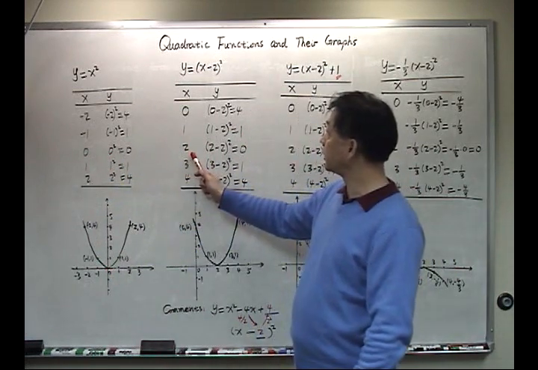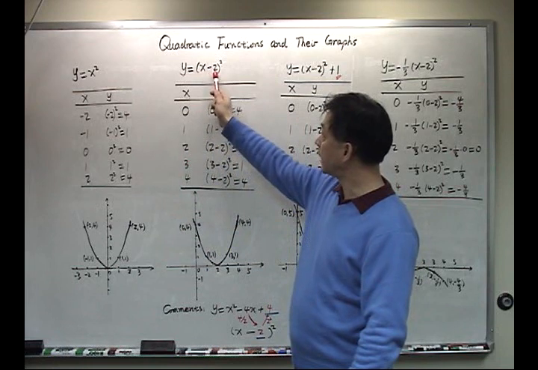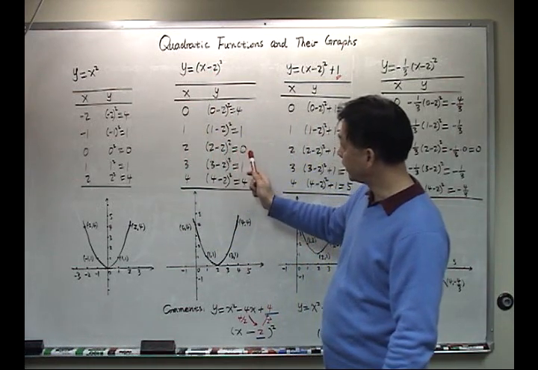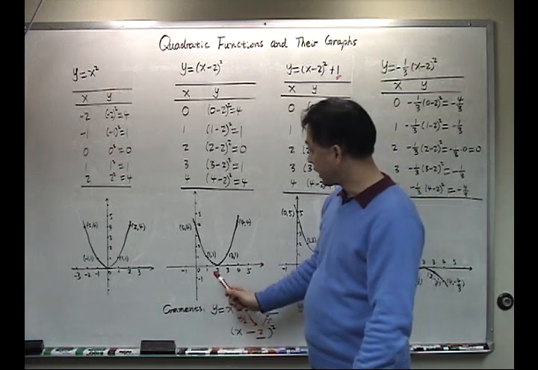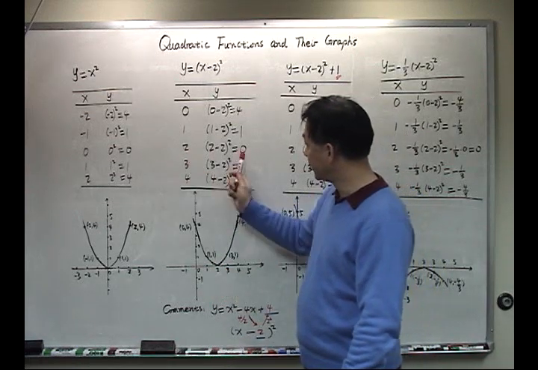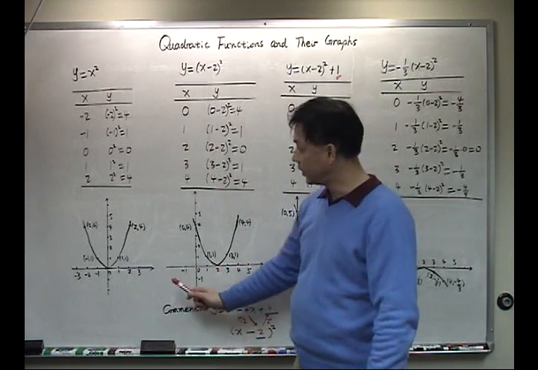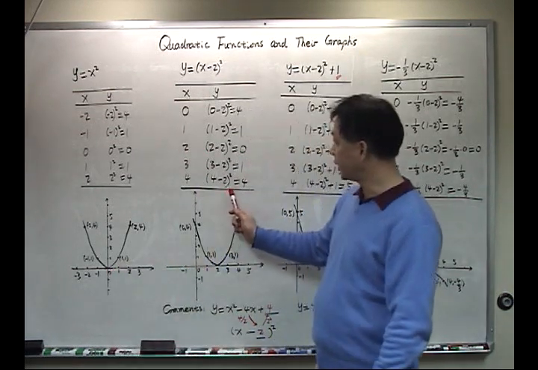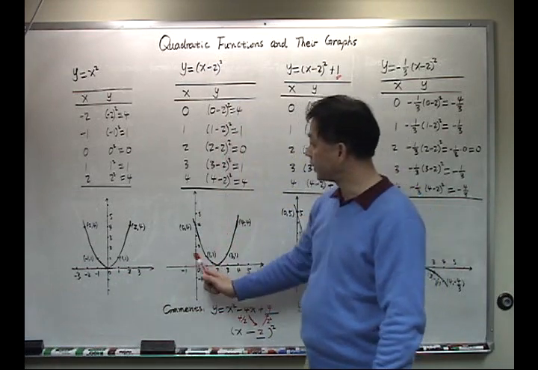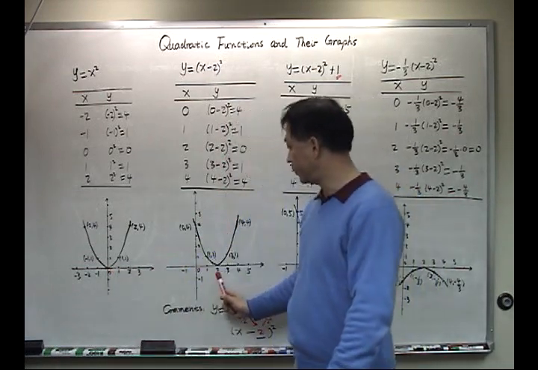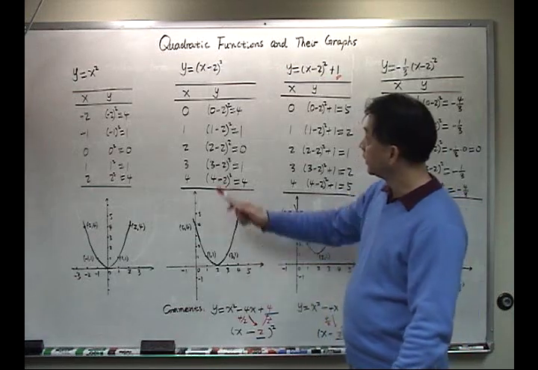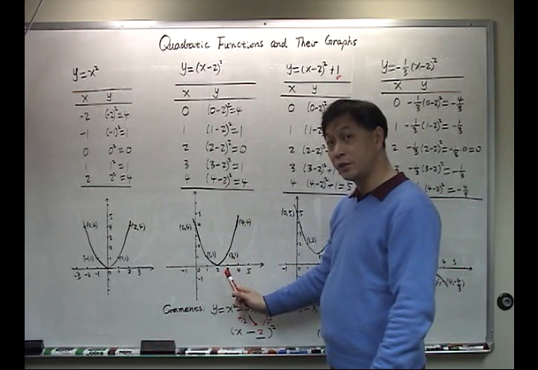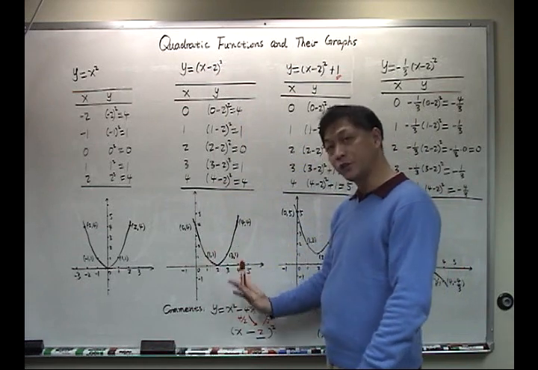But when x is 2, plug in here, 2 minus 2 is 0. So 0 squared is 0. So then your vertex in this case is 2, 0. In the other case it is 0, 0. So it's 2 units to the right from this point. Be careful, here it is negative, so it shifts in the positive direction, 2 units to the right.